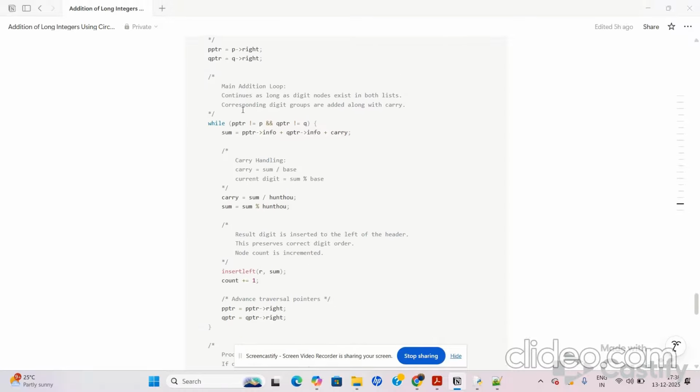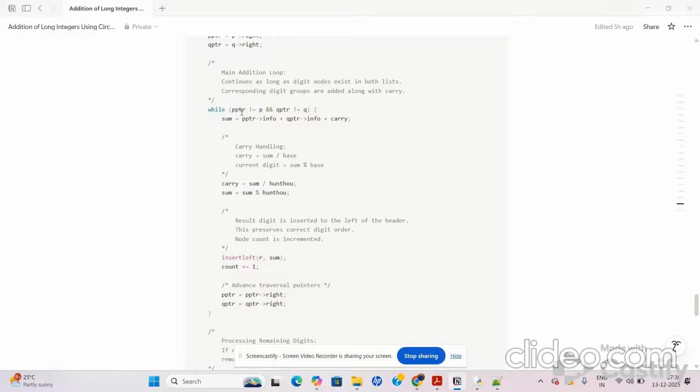Okay, and the loop is like: while either of them has some node left, you keep on adding the corresponding digit groups. Okay, so here you do digits at p plus digits at q plus the carry if there exists any.